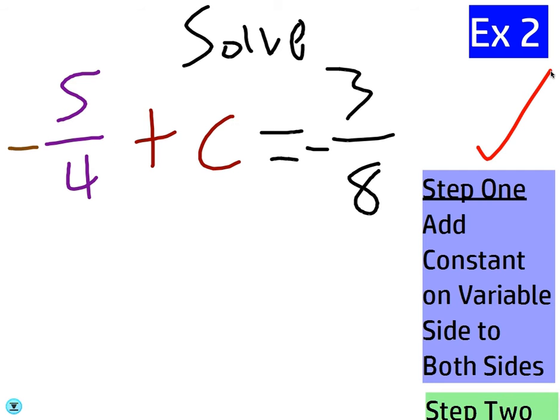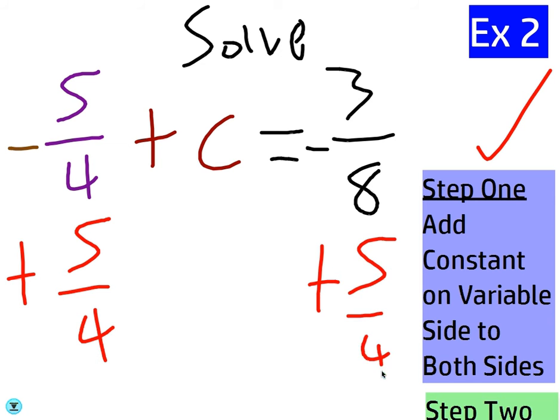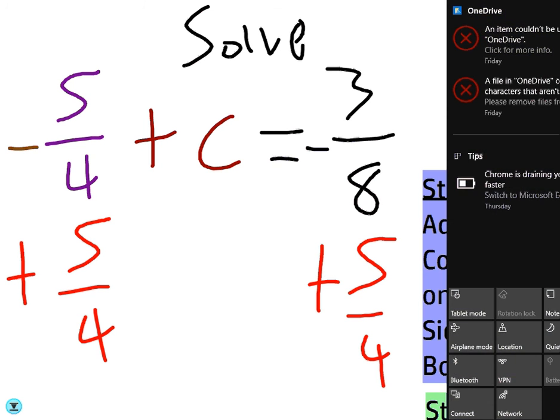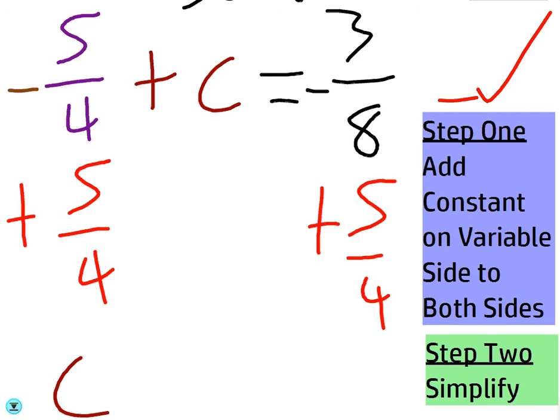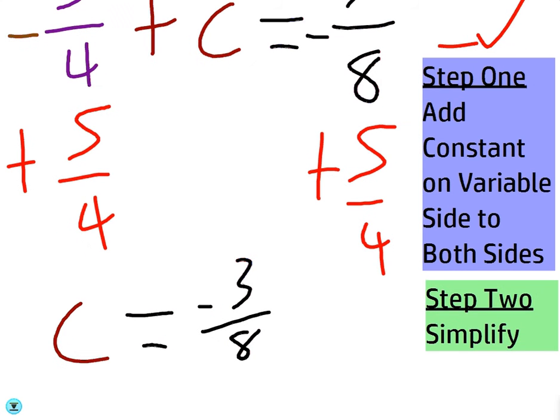What is the constant on the side of the variable? Yep, so we're going to add it. Now we'll cancel it out. So C is going to be equal to negative 3/8 plus 5/4.